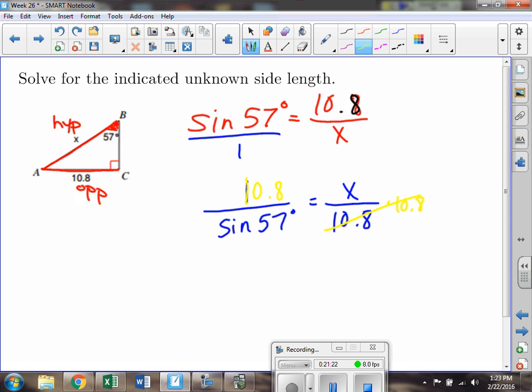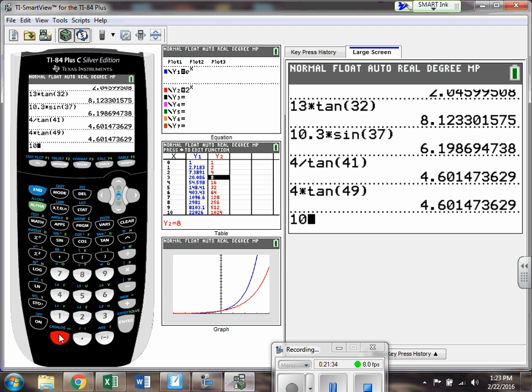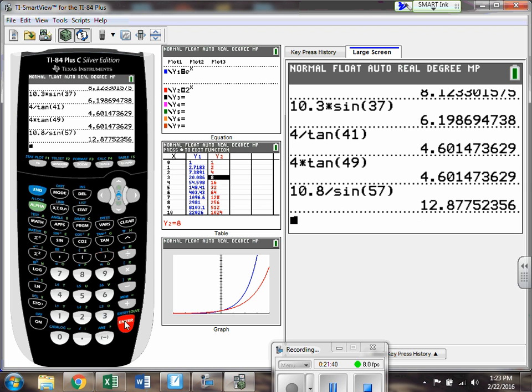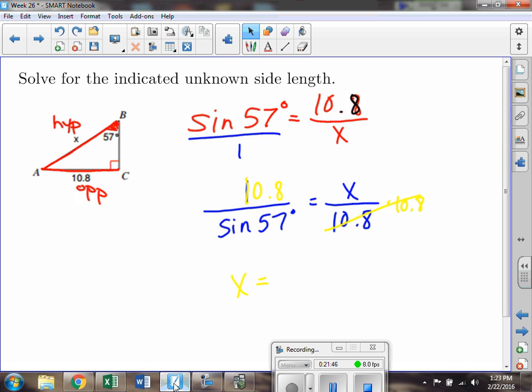And so 10.8 divided by the sine of 57. Let's go to our calculator and get the results now. 10.8 divided by the sine of 57 degrees rounds to 12 and 9/10.